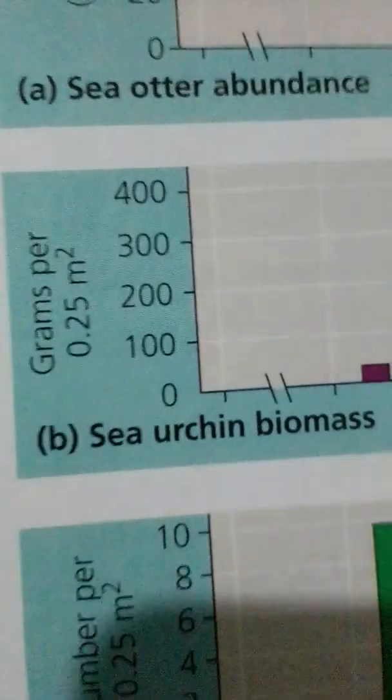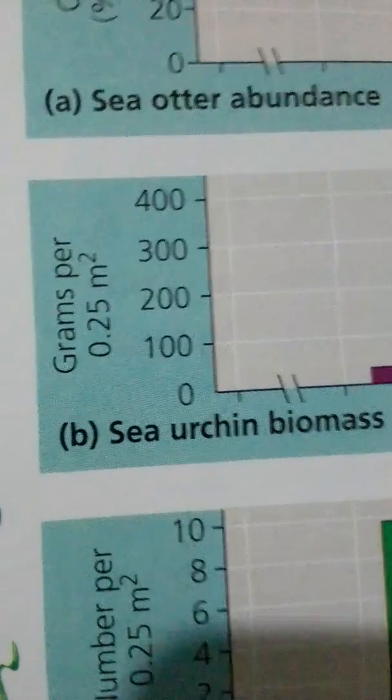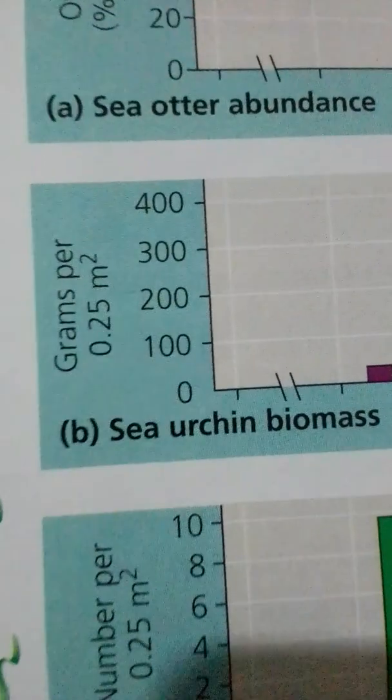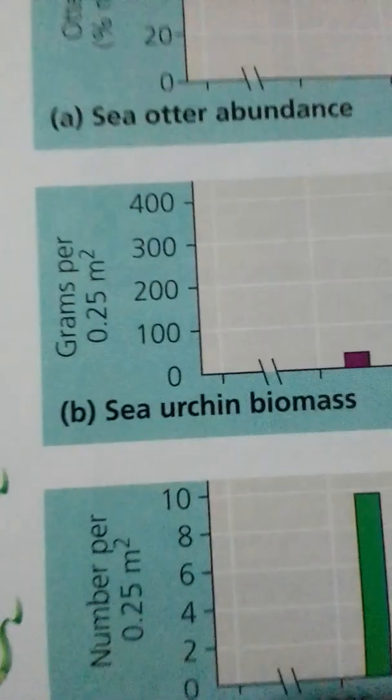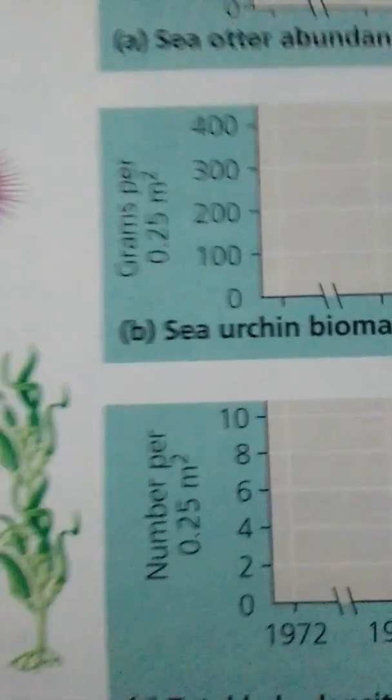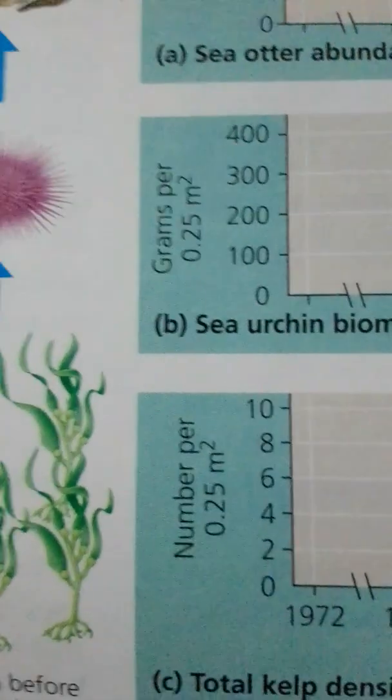But after experimental removal of Pisaster, diversity quickly declined to fewer than 5 species. Pisaster thus acts as a keystone species, exerting an influence on the whole community that is not reflected in its abundance.